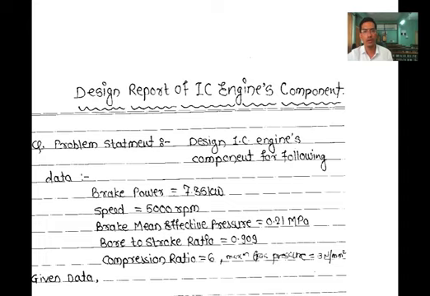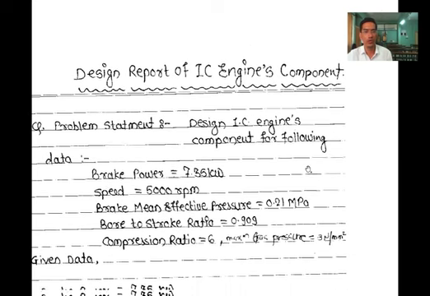For designing the IC engine components, our problem statement is the design of IC engine components for the following data. The brake power is given as 7.35 kilowatt. The speed of the engine is given as 5,000 RPM.